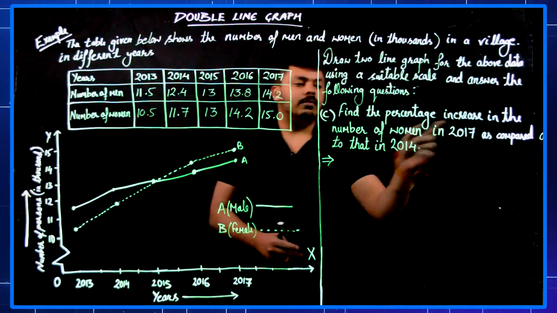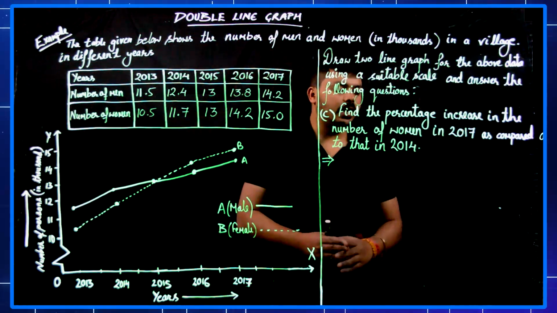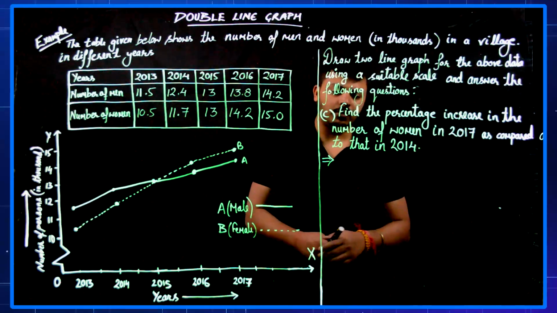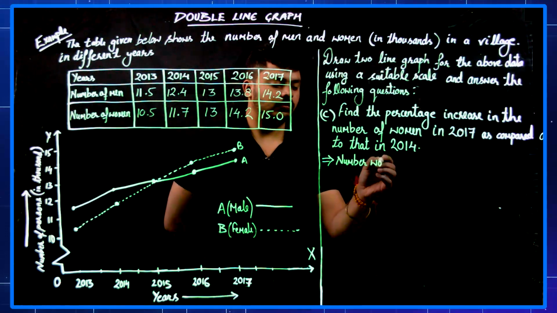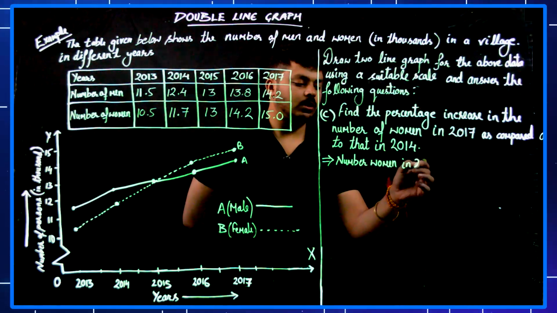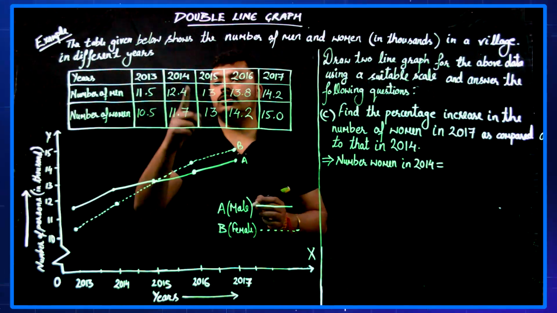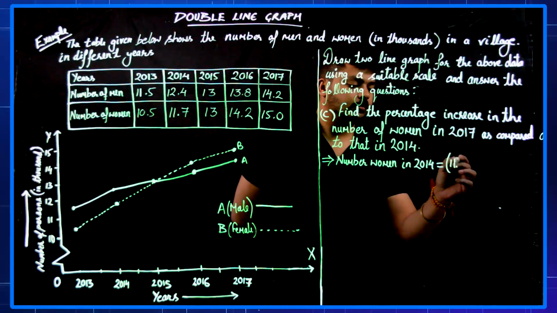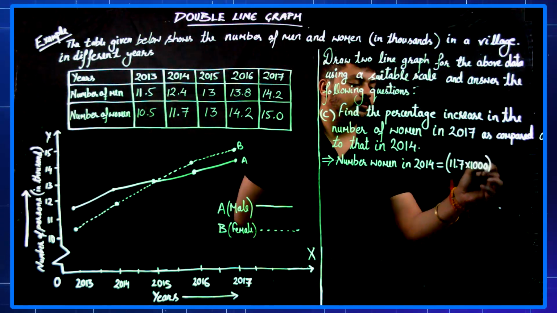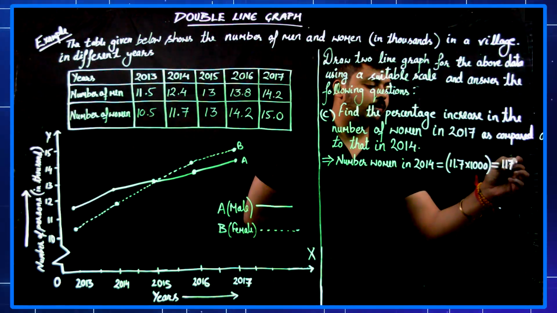Part C. Find the percentage increase in the number of women in 2017 as compared to that in 2014. First of all, the number of women in 2014. In 2014, the number of women is 11.7 multiplied by 1000 equals 11,700.